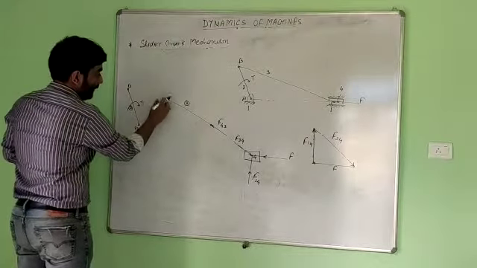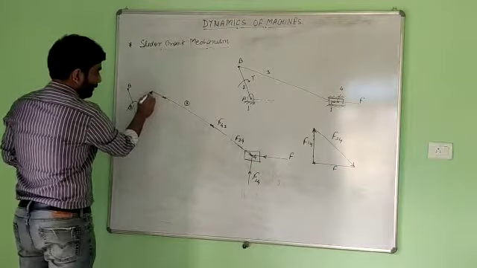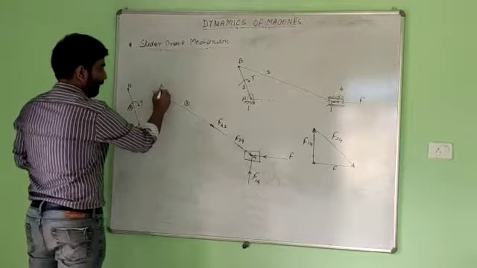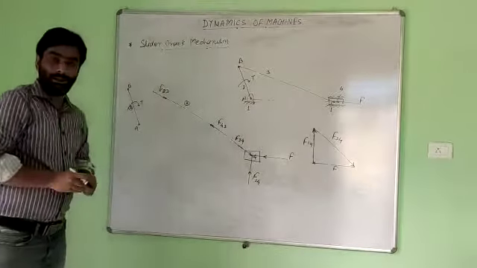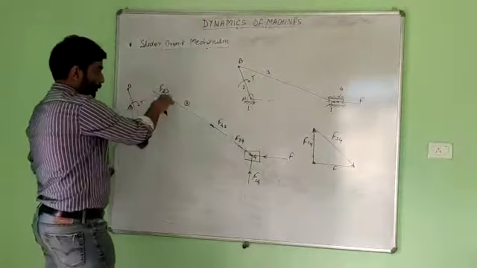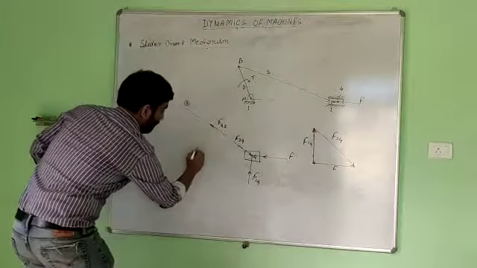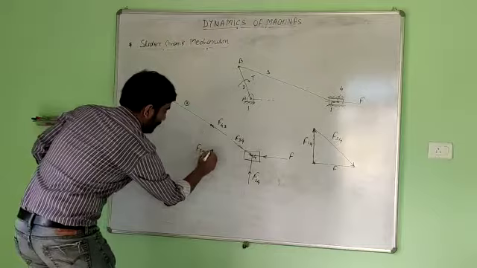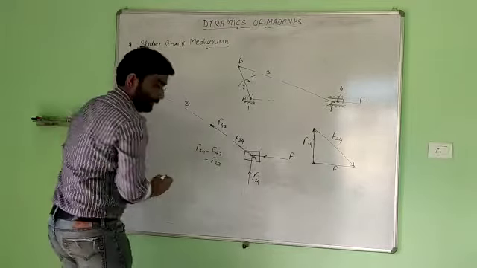This force will be equal to F23, by the member 2 on the member 3. And F34 will be equal to F43, which will be equal to F23.